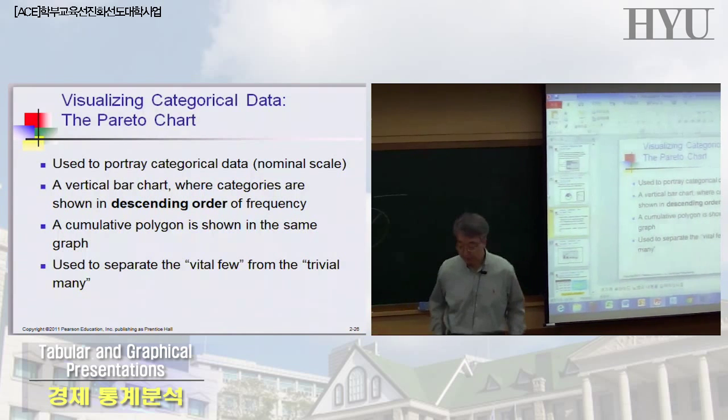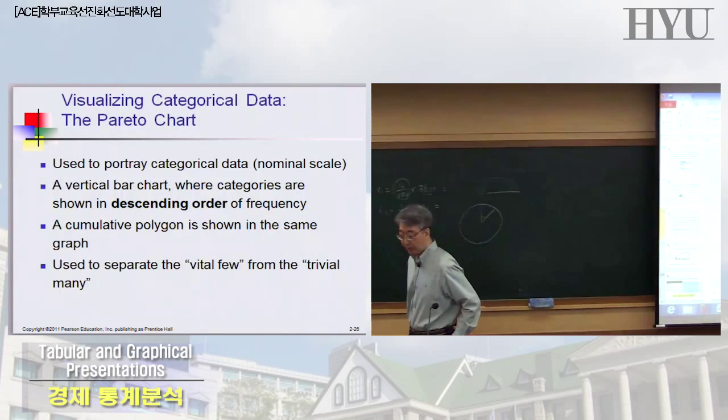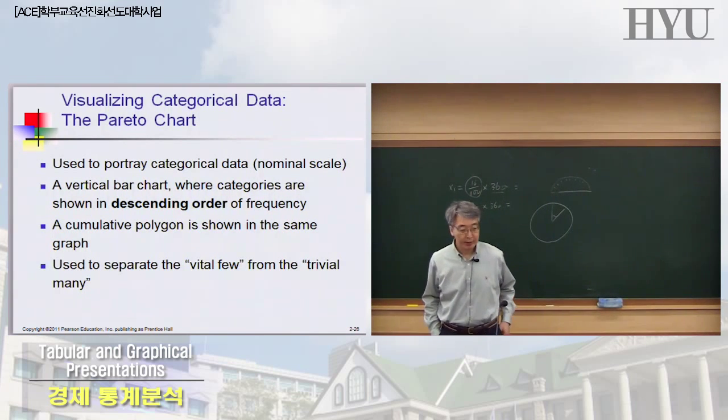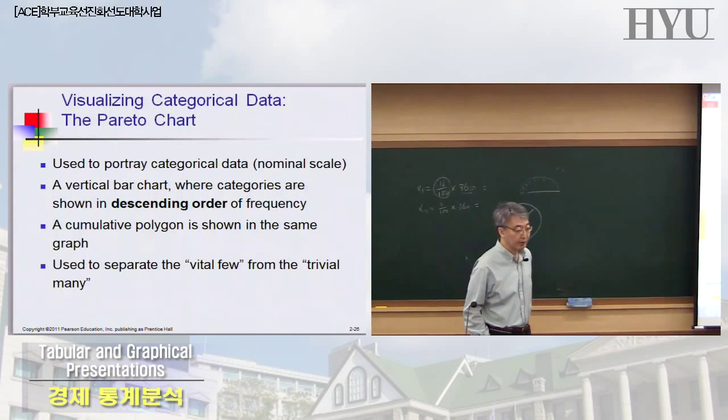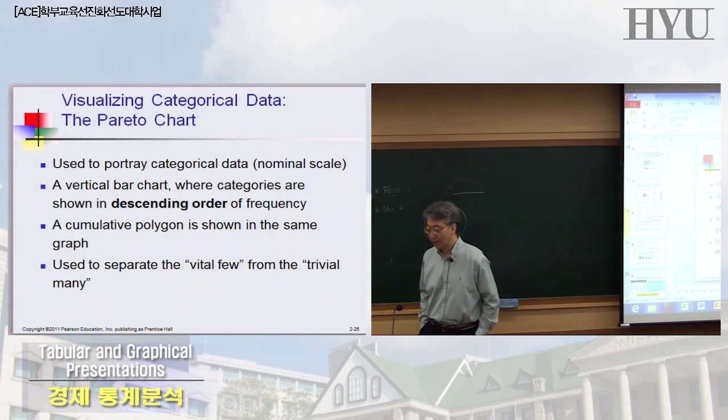Slightly more complicated presentation of the data is called the Pareto chart. Okay. How many of you have taken economics course yet? No, this is your first semester, right? Okay. Good. All right.